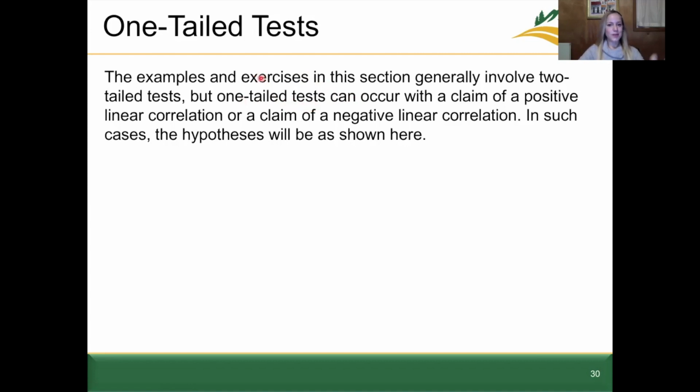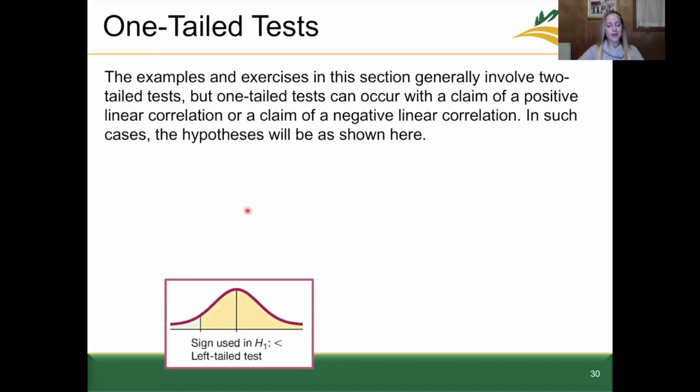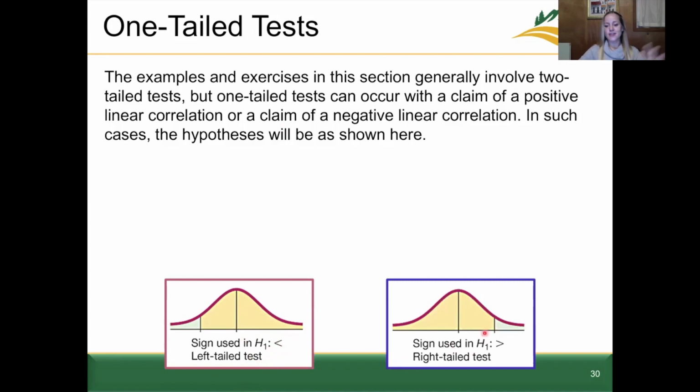We would use a one-tailed test, for example, with a claim of a positive linear correlation or a claim of a negative linear correlation. As a reminder, for a left-tailed test, our alternative hypothesis would have this less than symbol. Then for a right-tailed test, our alternative hypothesis would have this greater than symbol.